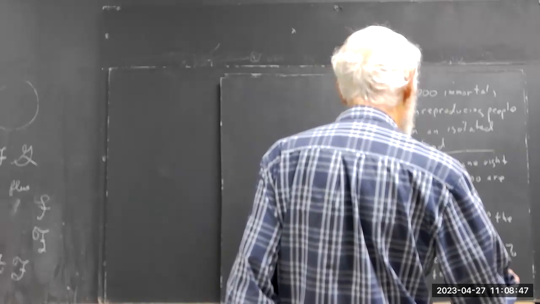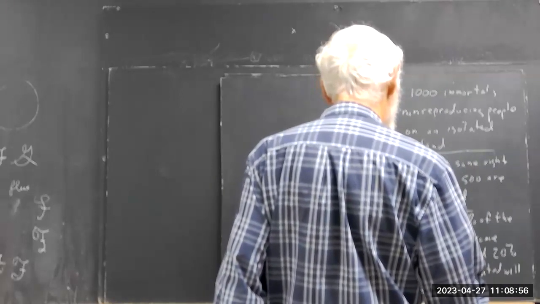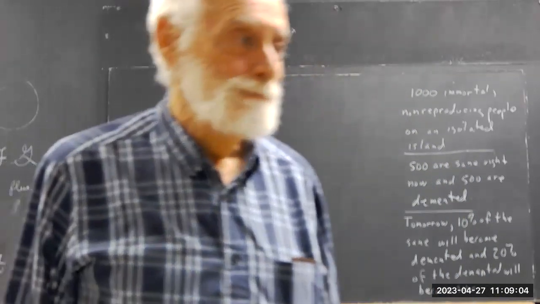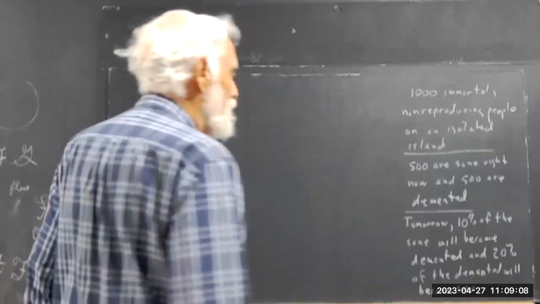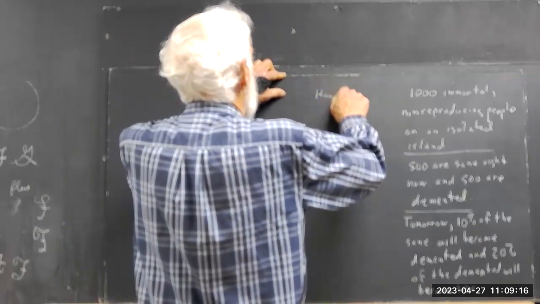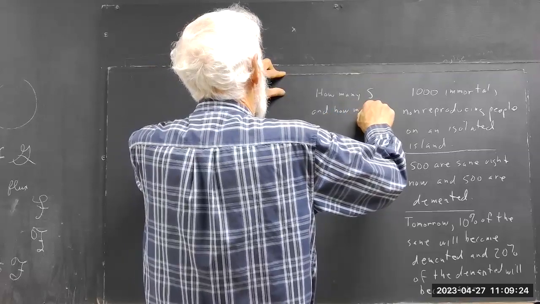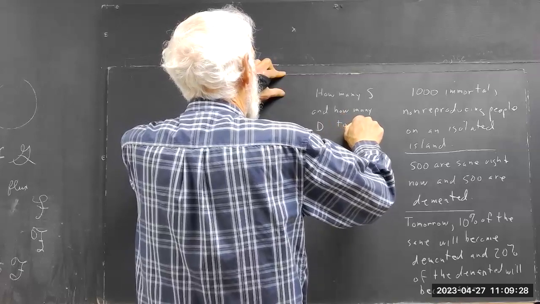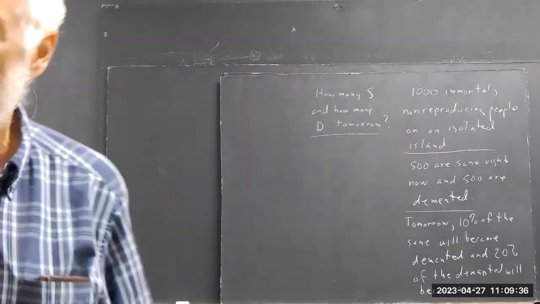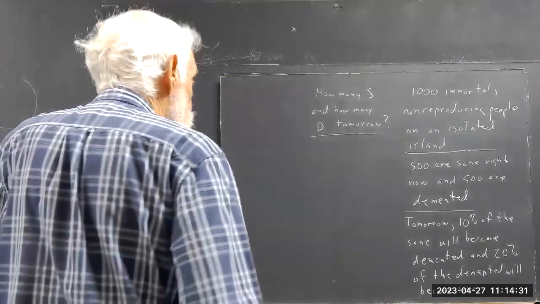And 20% of the demented become sane. So my question is, how many sane and how many demented will we have tomorrow? Okay, so everybody is calculated.